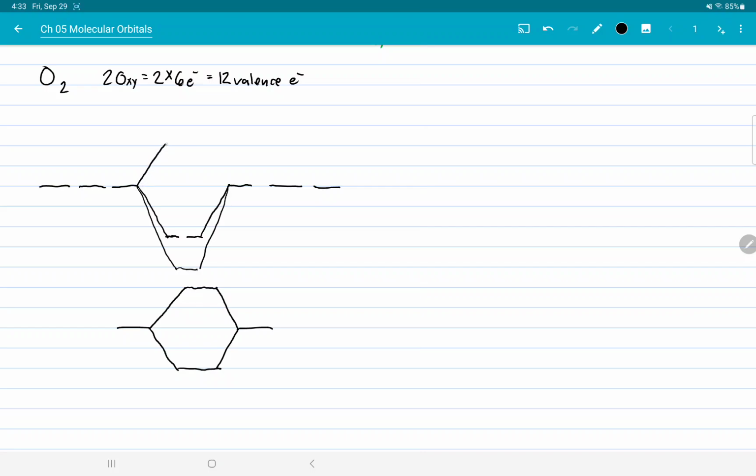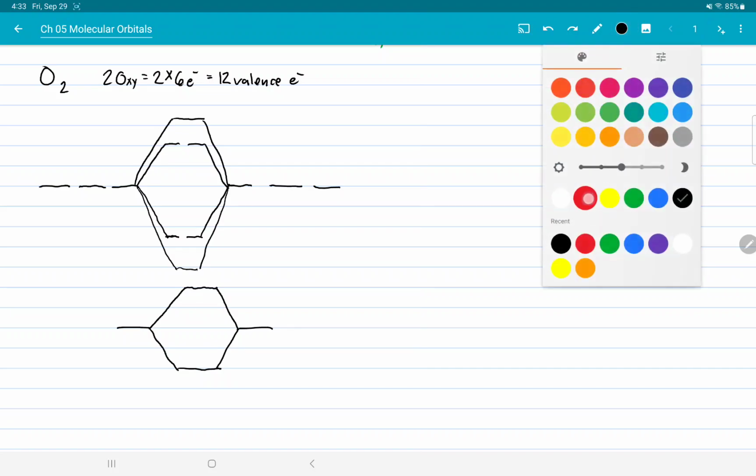And we have the same thing kind of on our anti-bonding side. So 3p orbitals. 1, 2, 3 bonding. 1, 2, 3 anti-bonding.